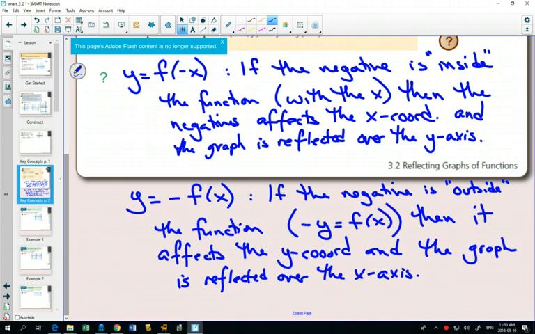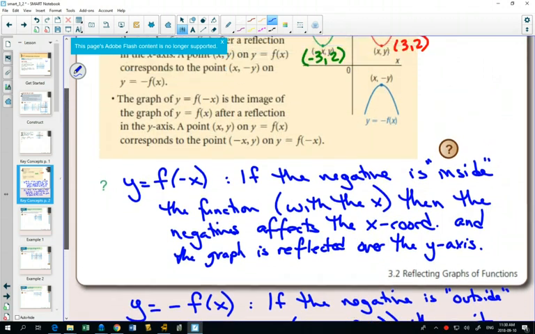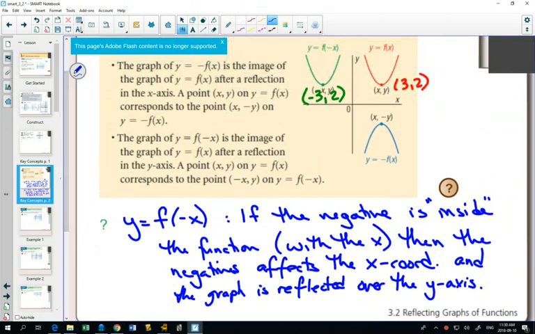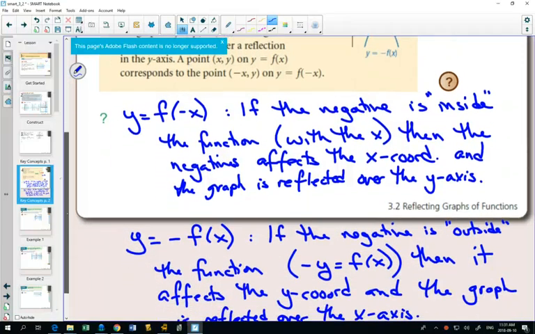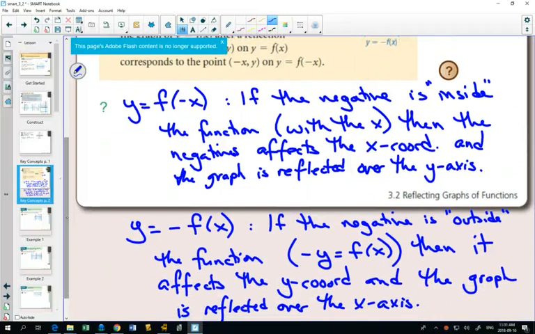So if we think about the picture above, and we think about that same point being 3, 2, in this situation, now our coordinate is 3, -2. Everybody good? Okay, so let's go to example 1.